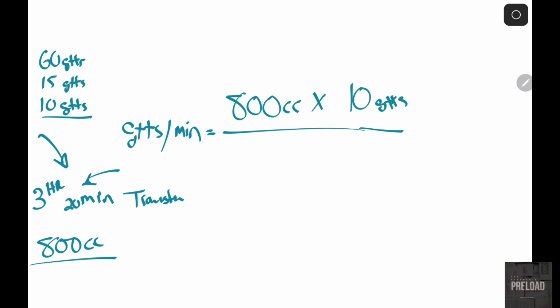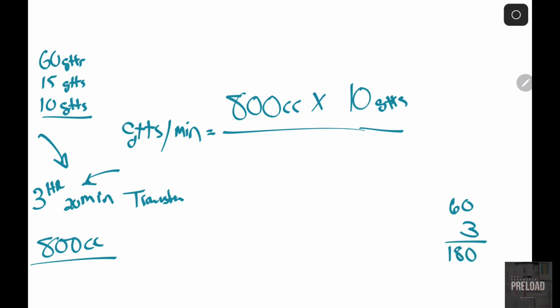Now, the one problem is we can't just put this into our formula. Sorry, we need time in minutes. We can't just put 3.20. It doesn't make any sense. So how do we get that number? Well, just simple math, right? You're going to do 3 times 60, and that should equal 180.